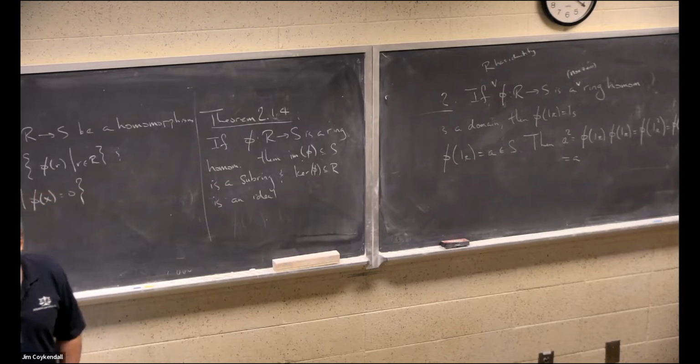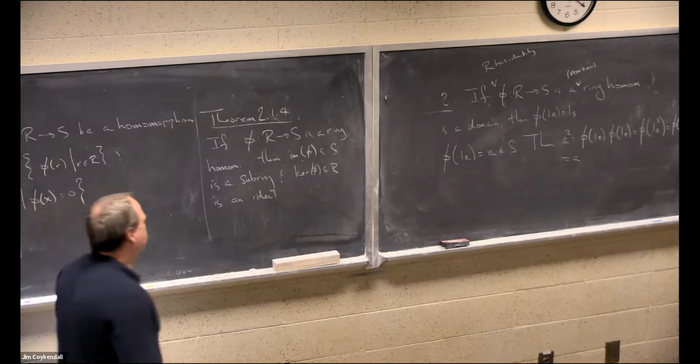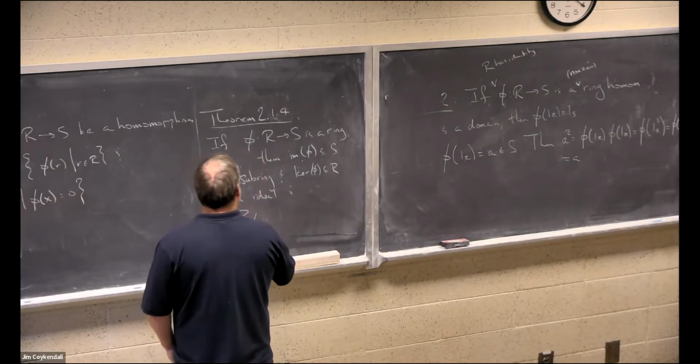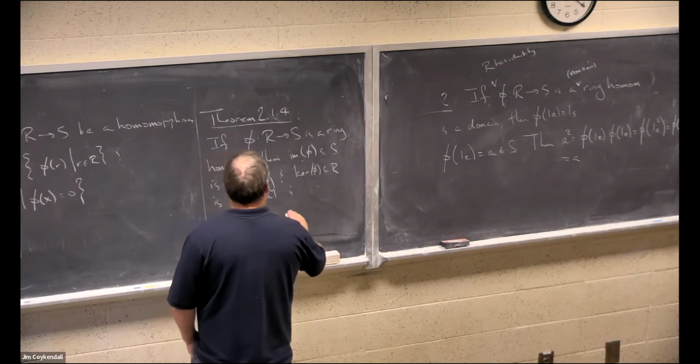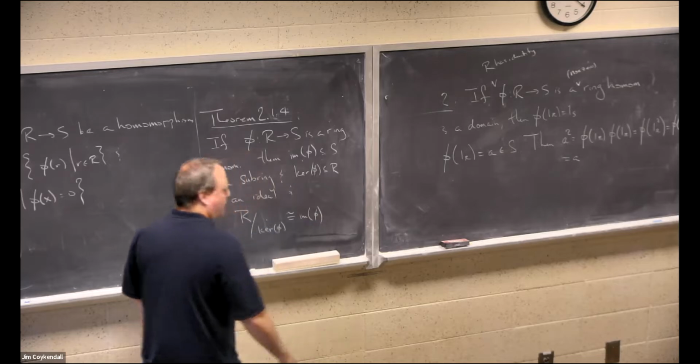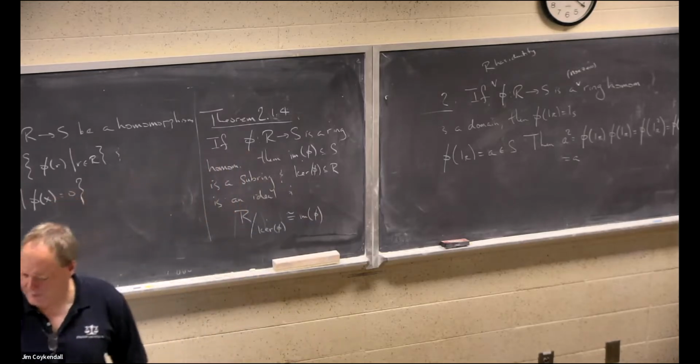So the image is a subring of S, the kernel is an ideal of R, and R modulo that ideal is isomorphic to the image.